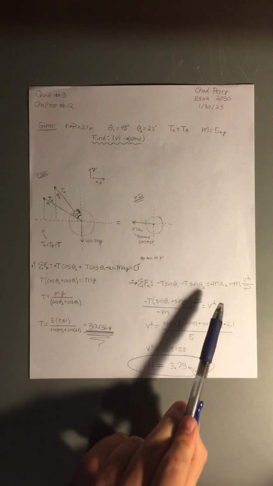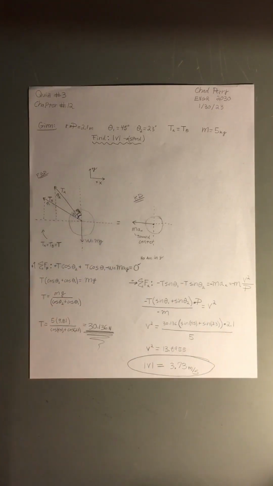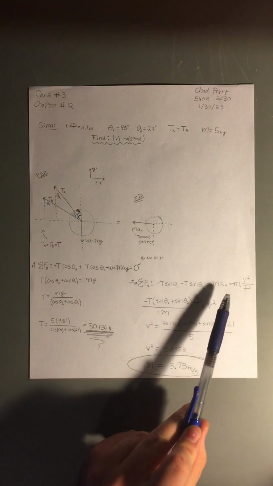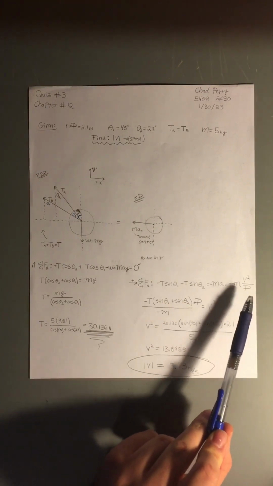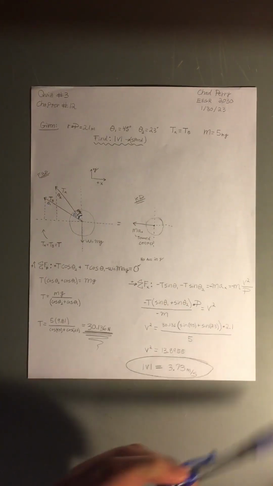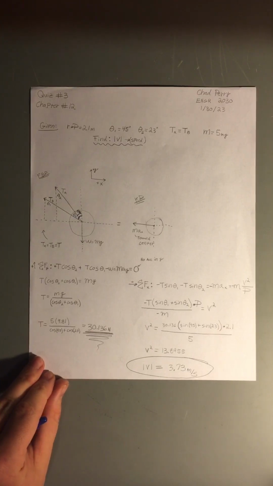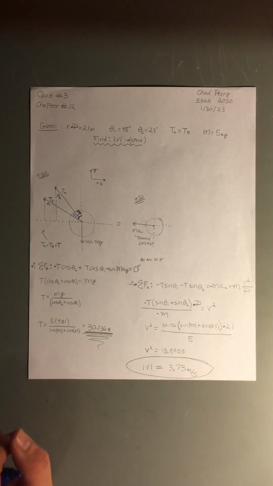And then we set that equal to our mass times acceleration going to the left towards the center of the circle. And then we can replace this acceleration with this equation here, where acceleration equals v squared over rho, where v is what we're trying to find here, and rho is the radius given in the problem.